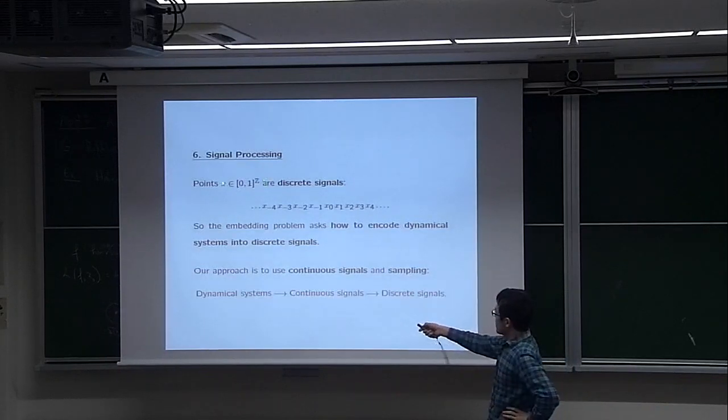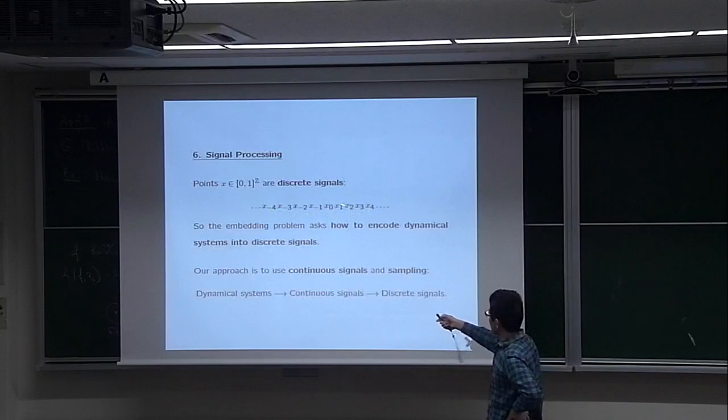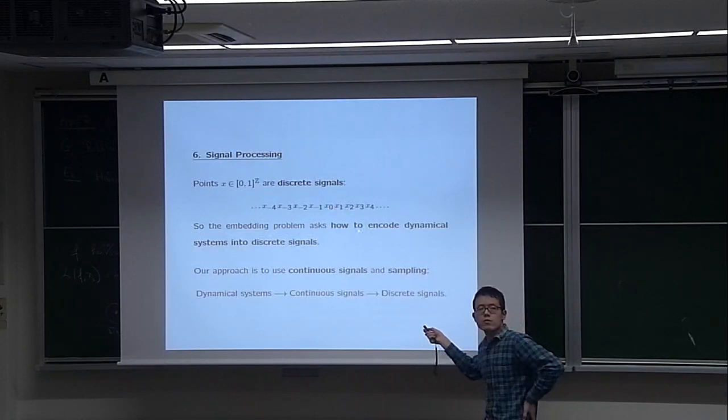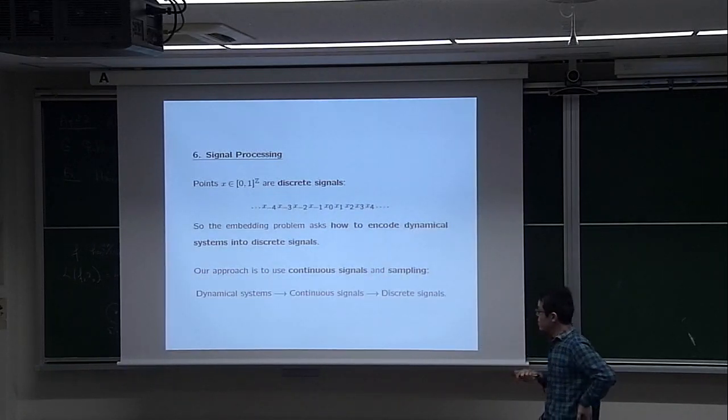Take a point x in the Hilbert cube. In some sense, this point is a signal. It is a sequence of real numbers, so this is a discrete signal. So the embedding problem asks how to encode dynamical systems into discrete signals. This is, in some sense, a reformulation of the problem.